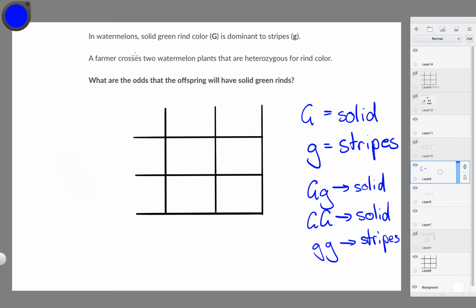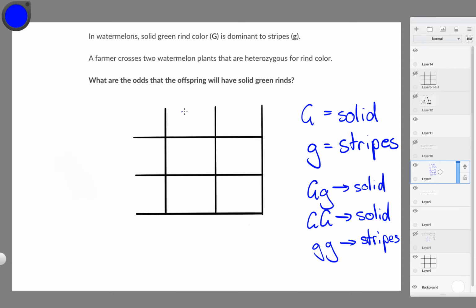A farmer crosses 2 watermelon plants that are heterozygous for rind color. So what's our heterozygous one? It's the dominant and the recessive together. So for heterozygous, it has to be 2 different ones. Why did I put a B for that one? God knows.